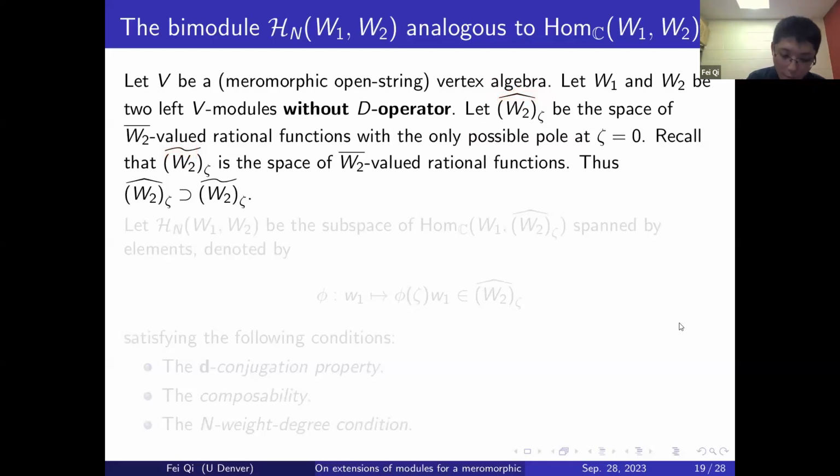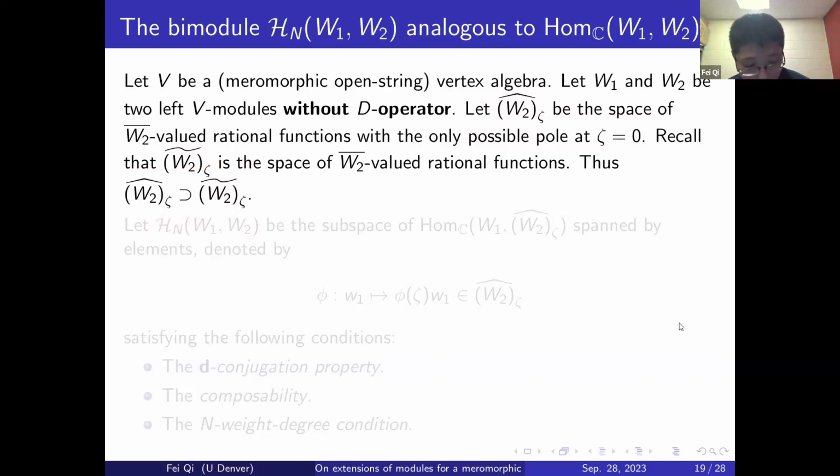Recall that W2 zeta, with the tilde, is the space of W2 bar valued rational functions with no poles at zeta equals 0. So basically what we get is kind of like a polynomial function, but now we are allowing poles. So W2 hat is going to be a larger space than W2 tilde.